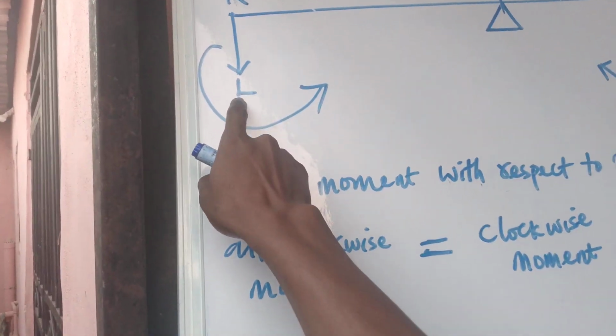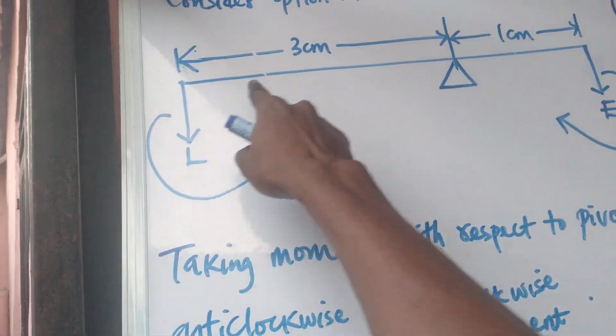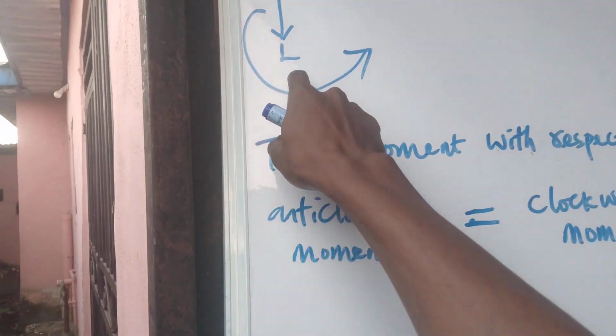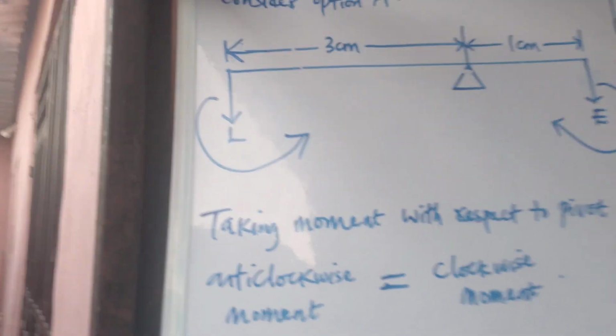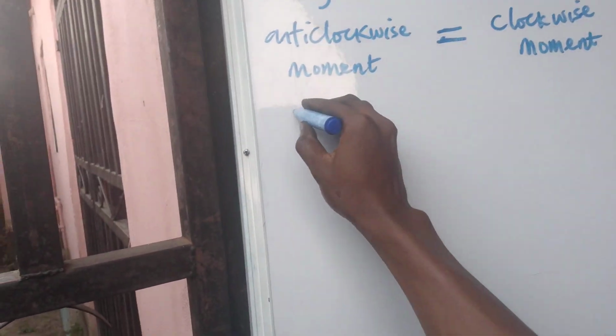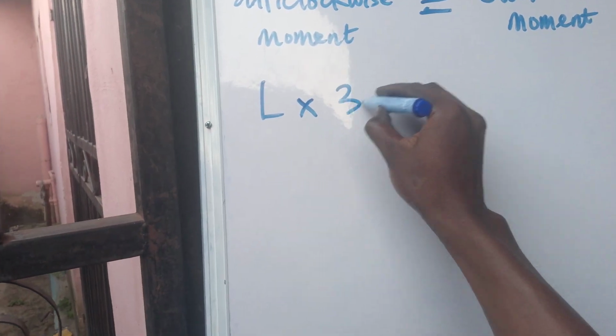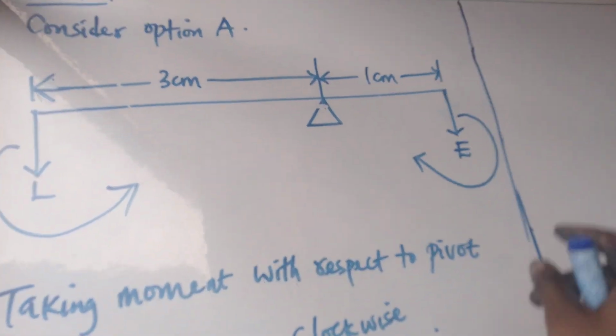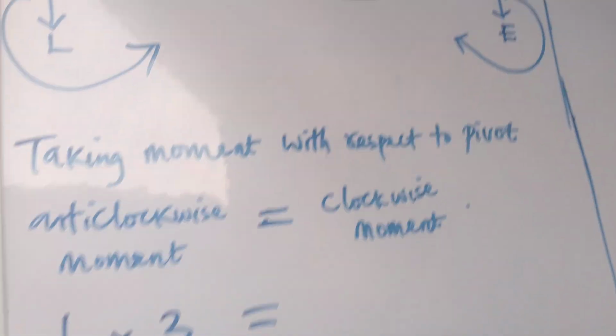Anti-clockwise moment is the load times the perpendicular distance, 3 cm. That will be L times 3. The clockwise moment is the effort times this distance, 1.